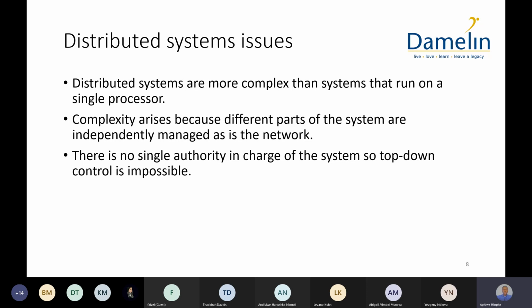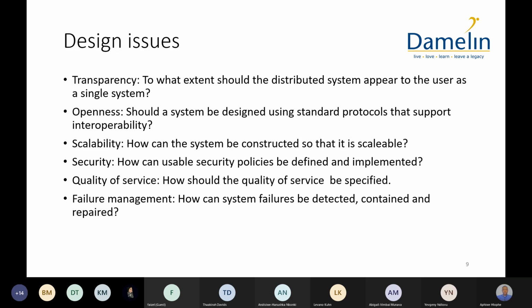Since we described them as independent computers, although to some extent they may be storing their data on a server, they operate in an independent manner, and hence it's a big, complex challenge to enforce security. And so the challenge or the issues are more based on how do we control this thing, because it's branched out into different sites.